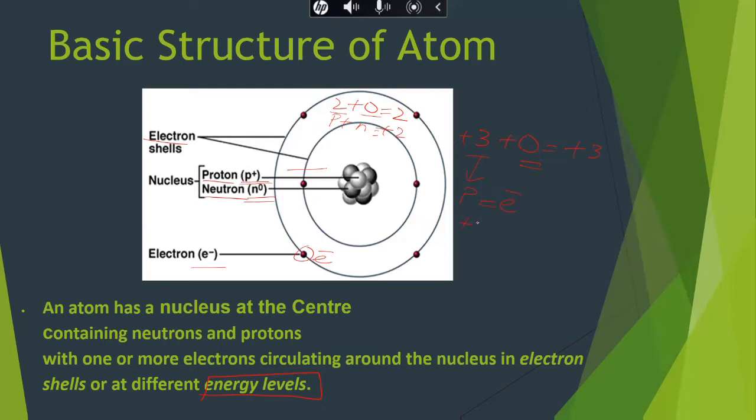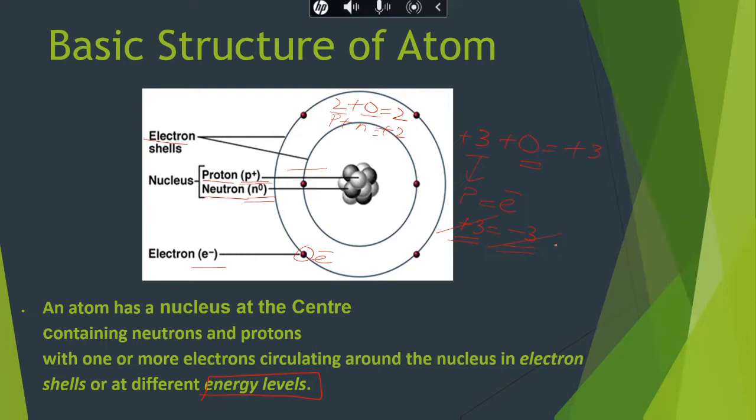It means that the number of protons should always be equal to the number of electrons in an atom. If there are 3 protons, there should be 3 electrons as well. So plus 3 minus 3 cancel out.